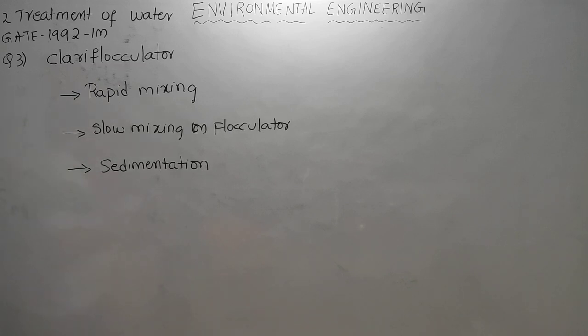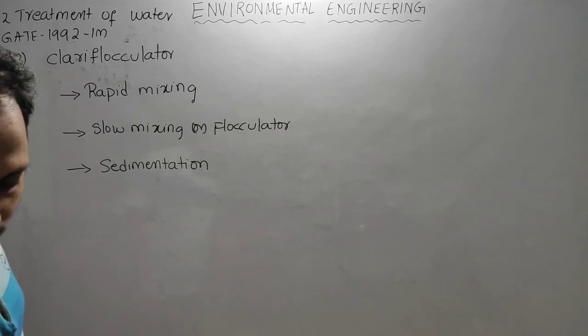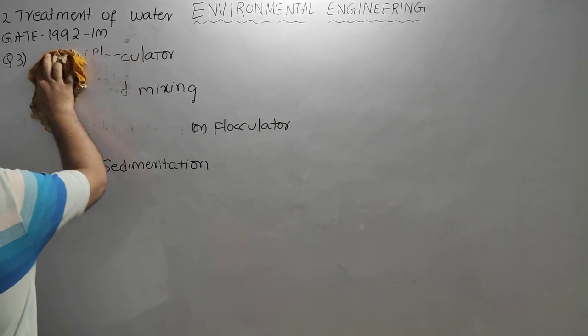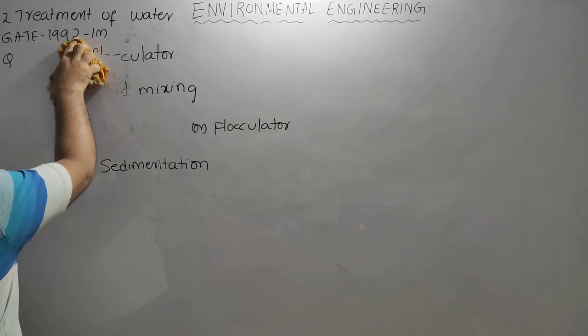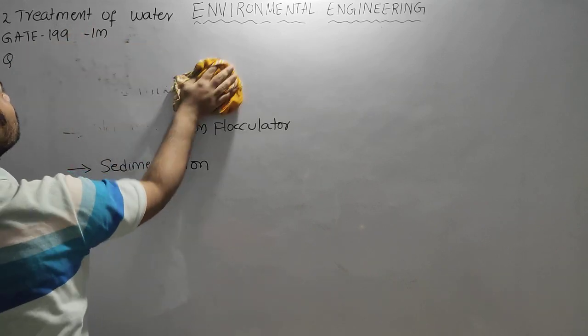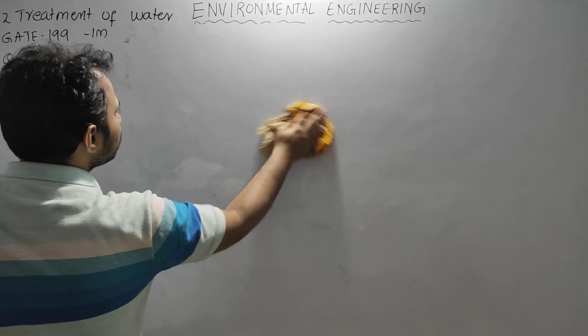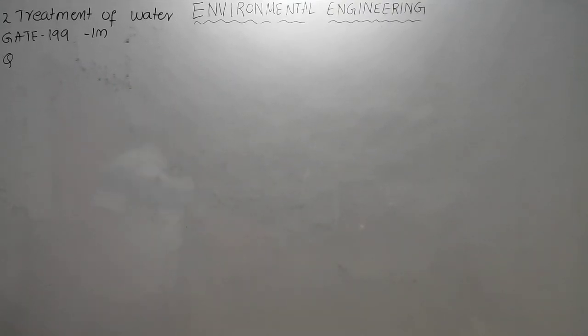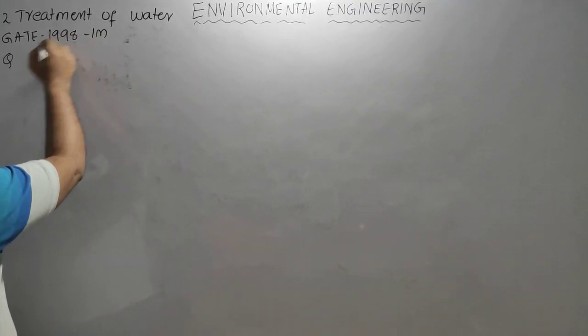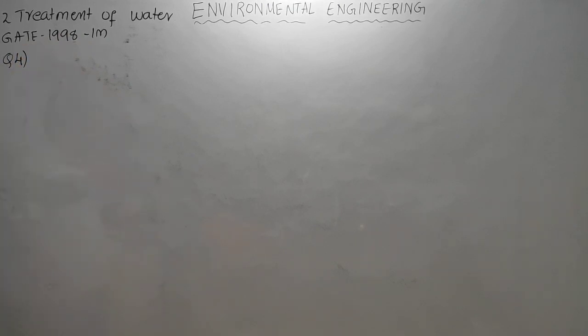Okay. Next is question number 4. It is also a theoretical question, 1998, 1 mark question. Here coagulation and flocculation with alum is performed immediately before chlorination.